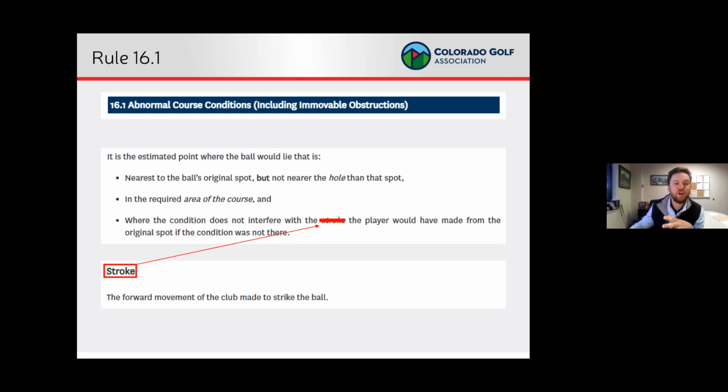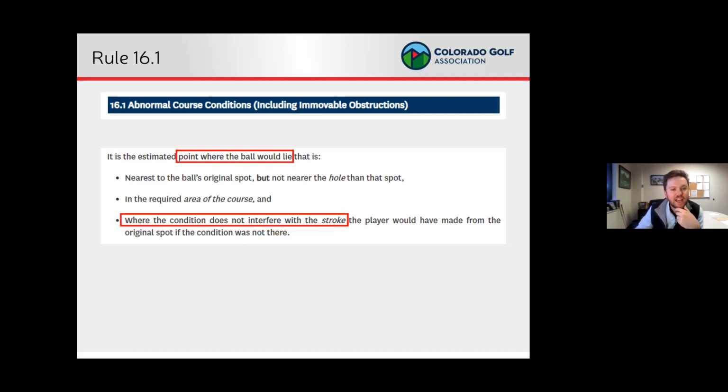I think we get where it's coming from, but when you plug it into the actual rule here, where the condition does not interfere with the forward movement of the club made to strike the ball, well, we know when we establish our nearest point of complete relief, it's the point where the ball would lie where the condition does not interfere with the stroke. So we're looking at where the ball would lie to get all of our action area from making a stroke off the condition in question.